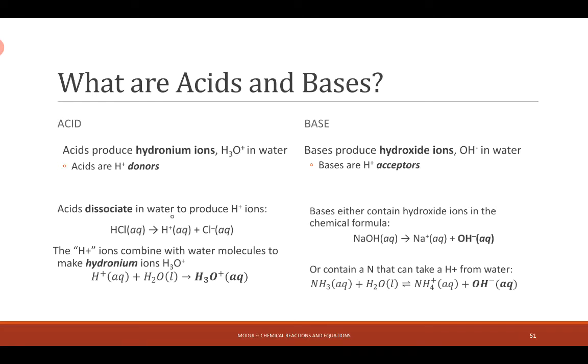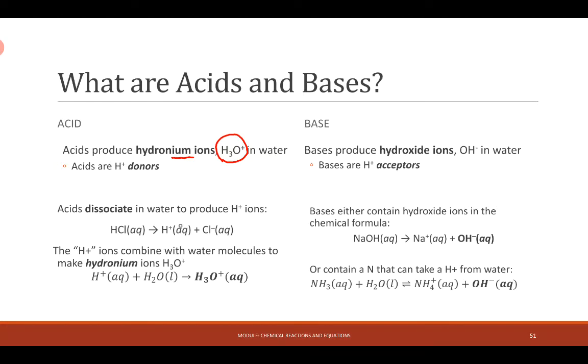Acids react in water to produce hydronium ions, which are H3O+. You can remember that hydronium is the positively charged ion because it ends with -ium, like ammonium or sodium. Acids work by donating H+.